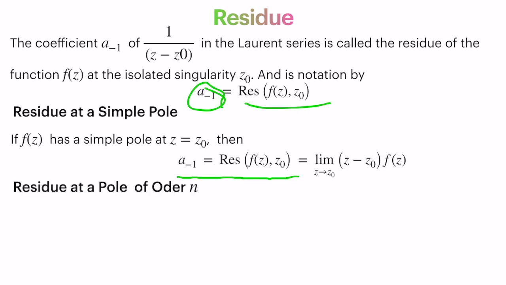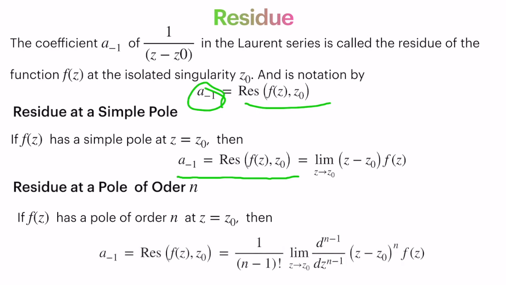Now the residue at a pole of order n can be determined in a similar fashion, but it is a little bit more involved. If a function f of z has a pole of order n at z equal to z naught, then the residue can be calculated as 1 by n minus 1 factorial, limit z going to z naught, differentiate n minus 1 times with respect to z, the product z minus z naught to the power n times f of z.